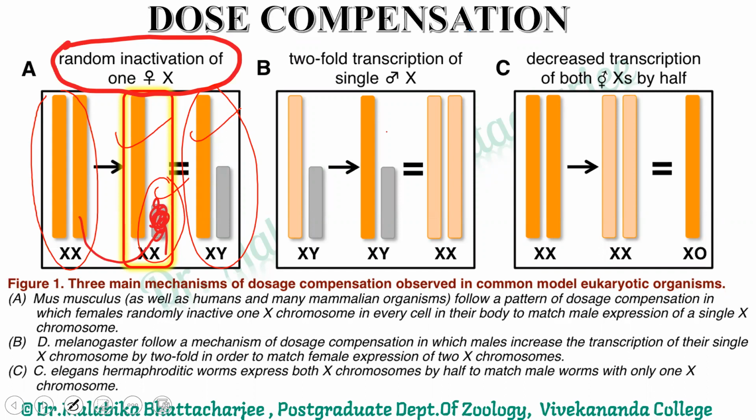So the dosage is compensated. The higher dosage of gene expression that would have occurred if both X were operative in females is compensated by random inactivation of one X chromosome. That is how dosage compensation occurs in humans.